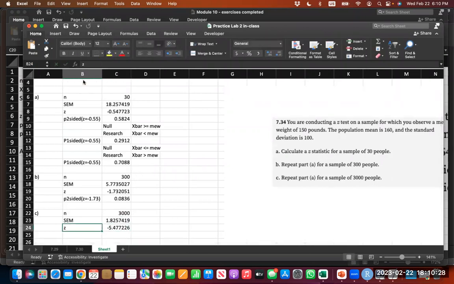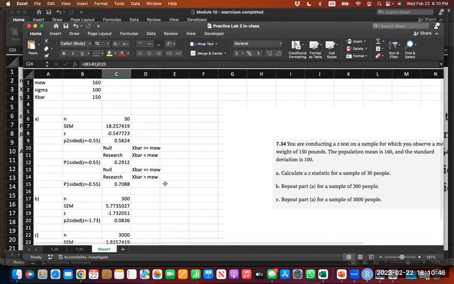This is now minus 5.477. Consequently, this is highly significant, because the z is very much to the extreme and exceeds by far the 1.96 as the threshold. For 5%, the threshold would be 1.96.